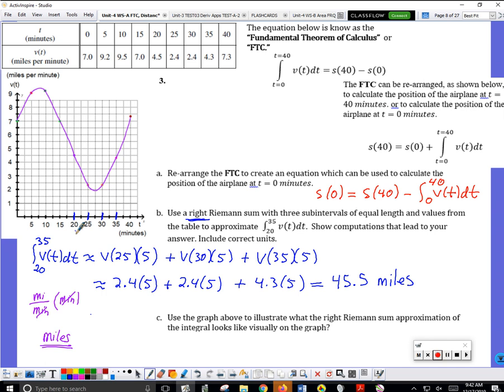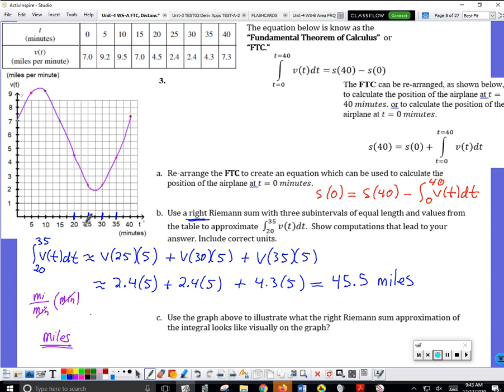Is a velocity available in the table at a time of 22.5? Yes or no? No. Very good. So they won't ask you to do that. They won't give a problem where the subinterval is defined in such a way that you can't find the middle. They'll give a problem where you can find the middle. So, any questions?